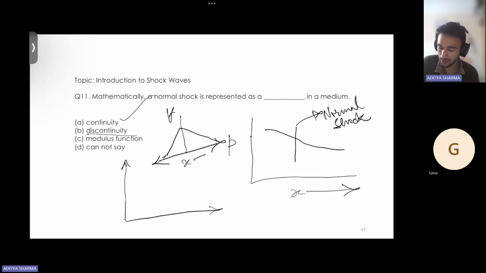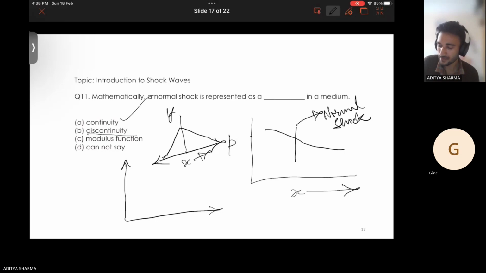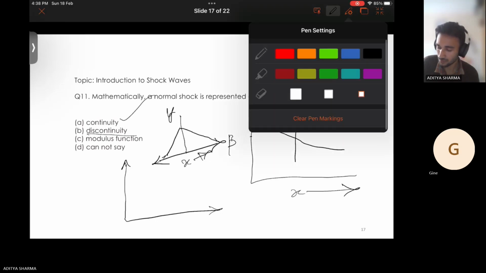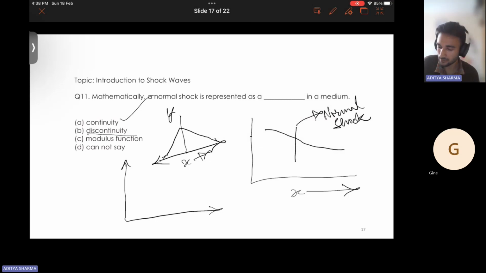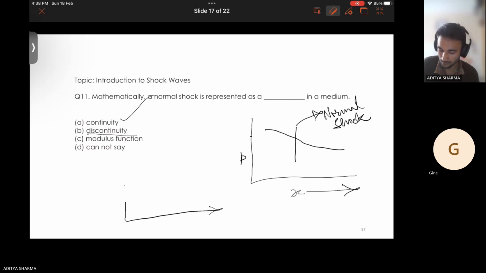If this is y and this is the x-axis, right? Let me draw it properly for you, because I was discussing continuity or discontinuity, right?